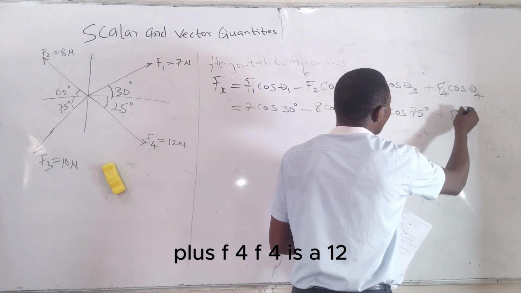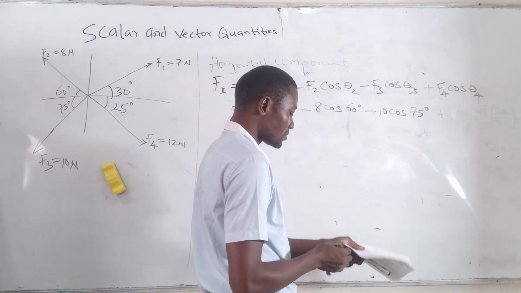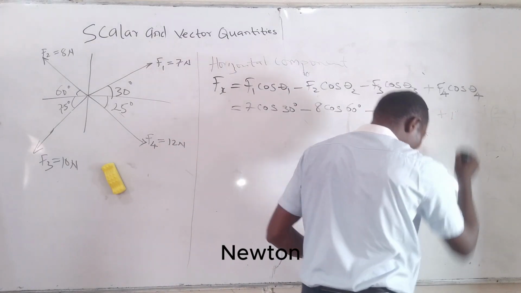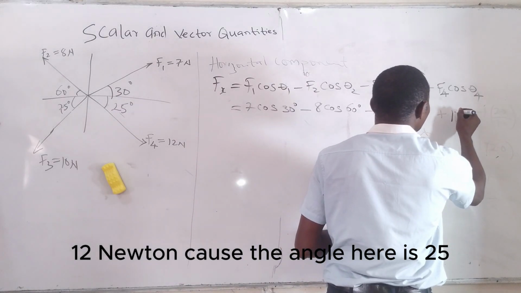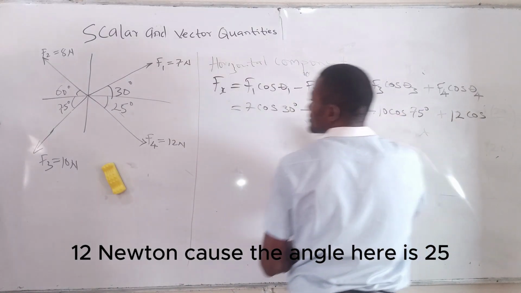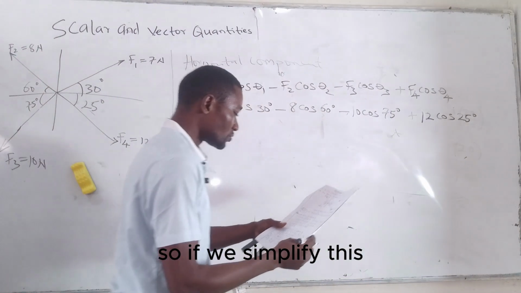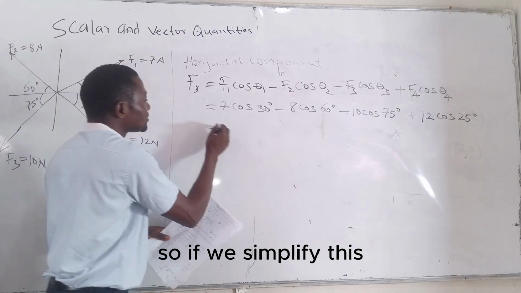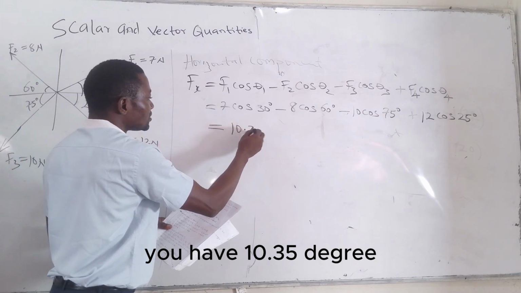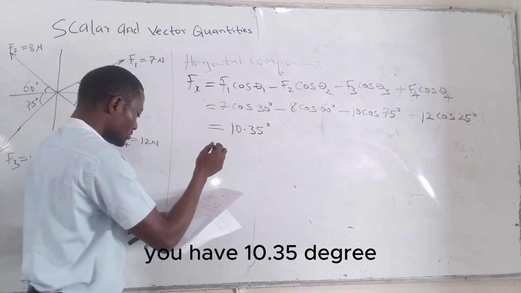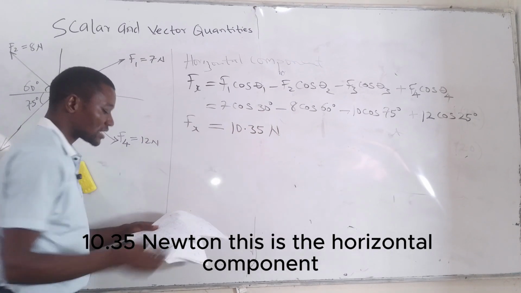Plus F4, F4 is 12 Newton, cos the angle here is 25. So if we simplify this, ensure your angle is in degrees, you have 10.35 Newton. This is the horizontal component.